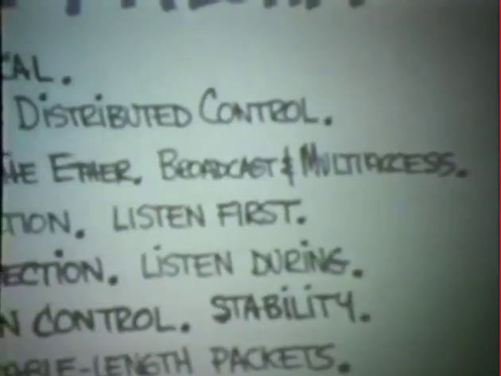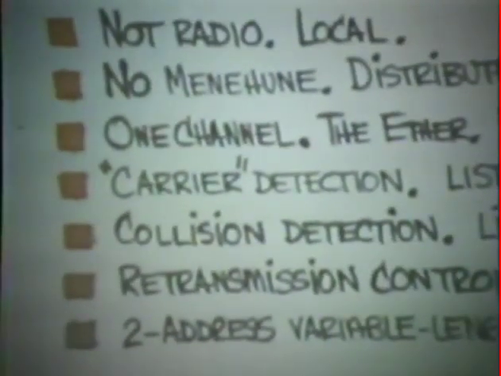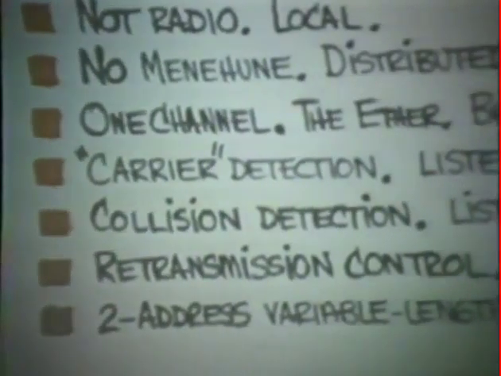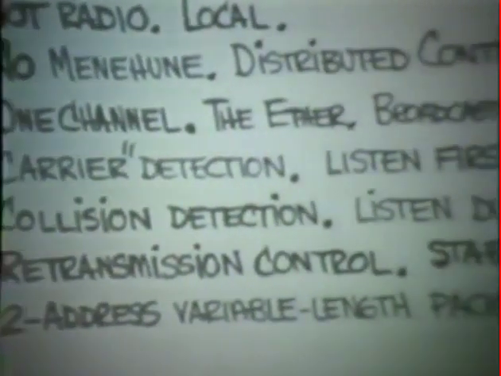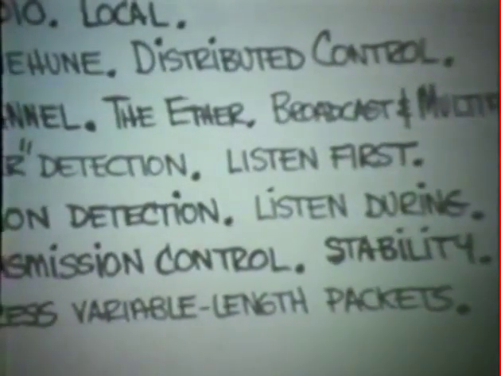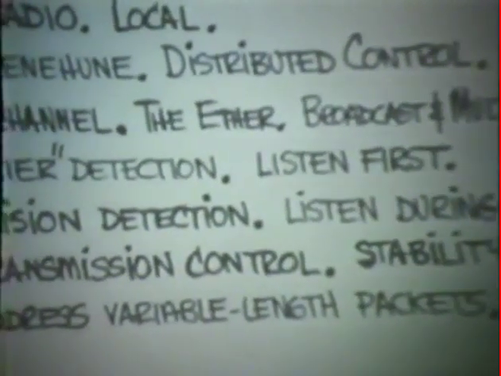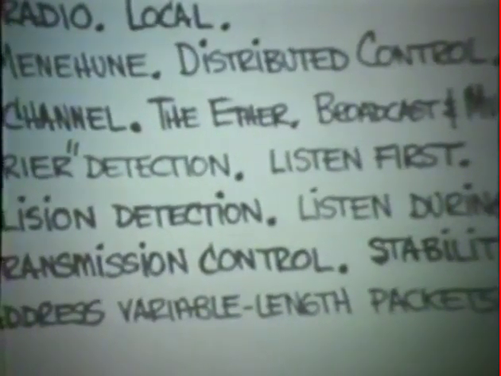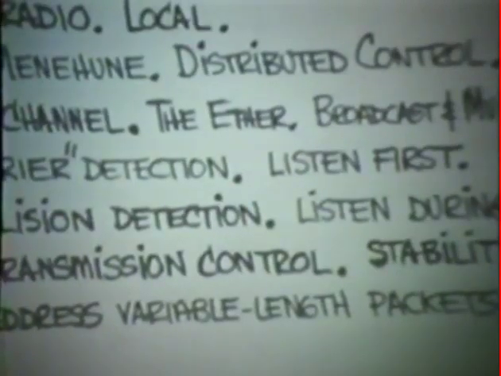Yet another difference between the Ethernet and the Aloha net is that there is what we call carrier detection in the Ethernet. By carrier detection, we mean the following simple mechanism. Before transmitting its packet into the ether, a station will first listen to see whether there's already a packet going by. That is, it turns on its receiver and listens for evidence of a passing communication.